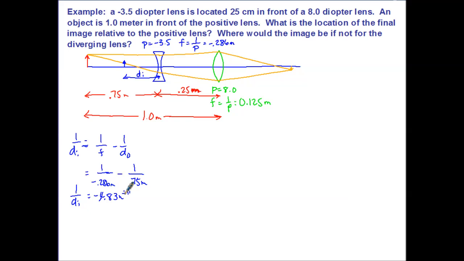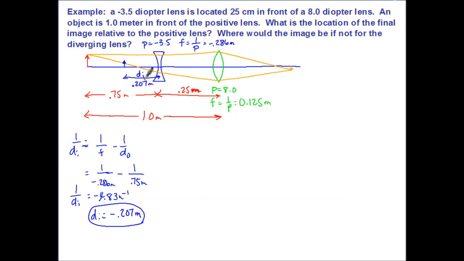So that means that di would be equal to the reciprocal of that, which would be a negative 0.207 meters. Okay, so the negative is important. That means that it's located in front of that lens, 0.207 meters. So let's go ahead and put that down here.